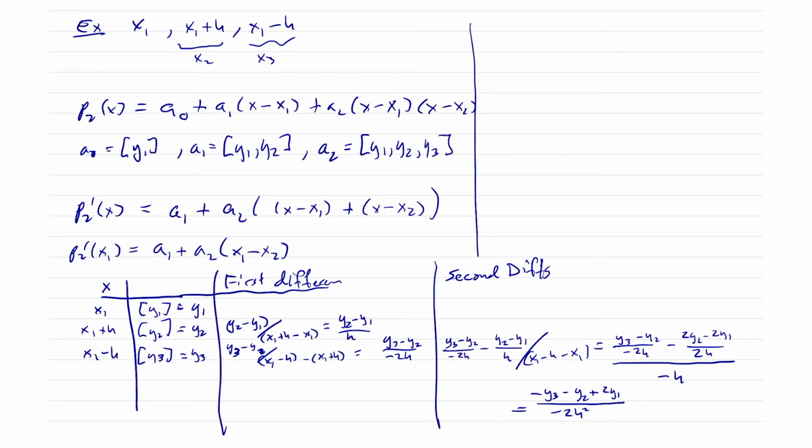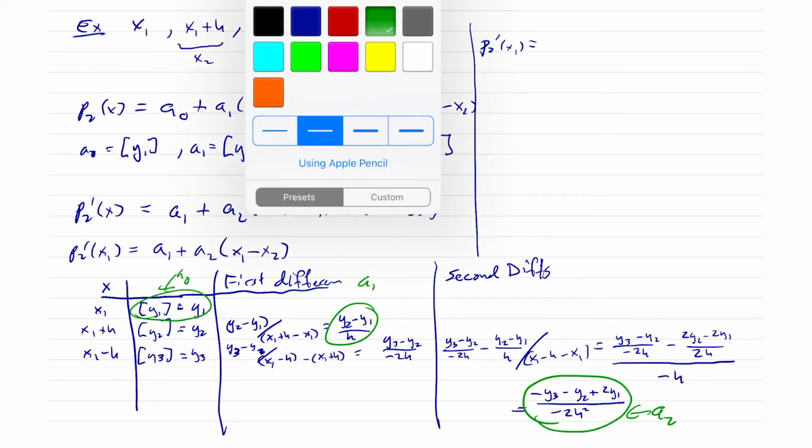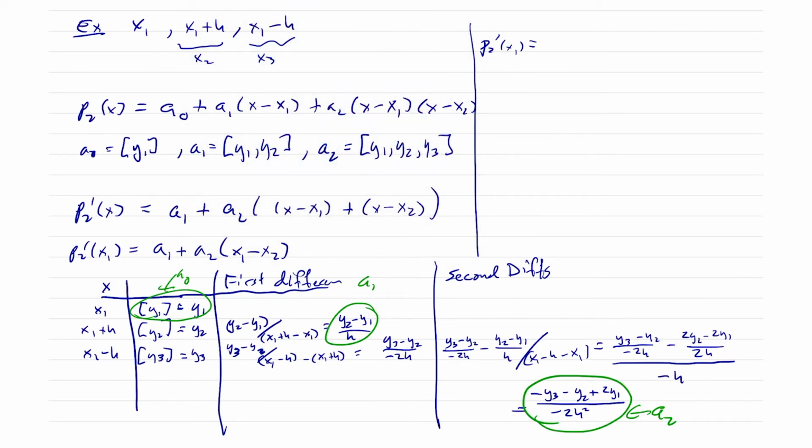So we see that P2 prime at x1, so here we're going to have, say, a naught. Here we're going to have a1, and here we have a2. Okay, so now if we go through and actually put everything in, we don't need a naught just because when we take the derivative it vanishes. So we're left with this guy.